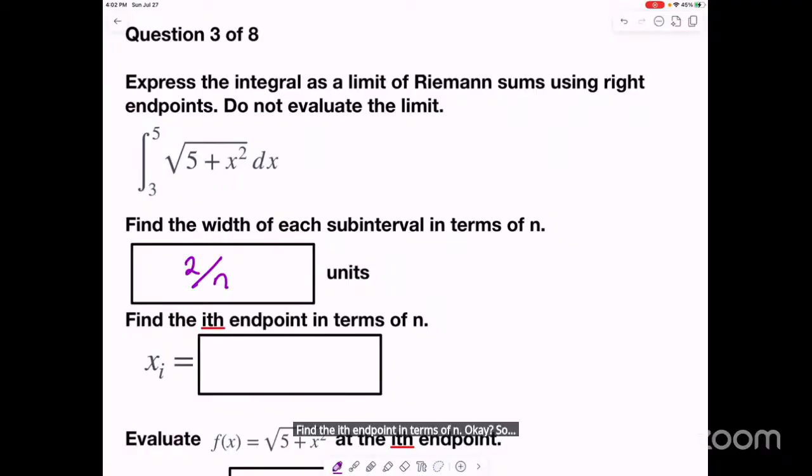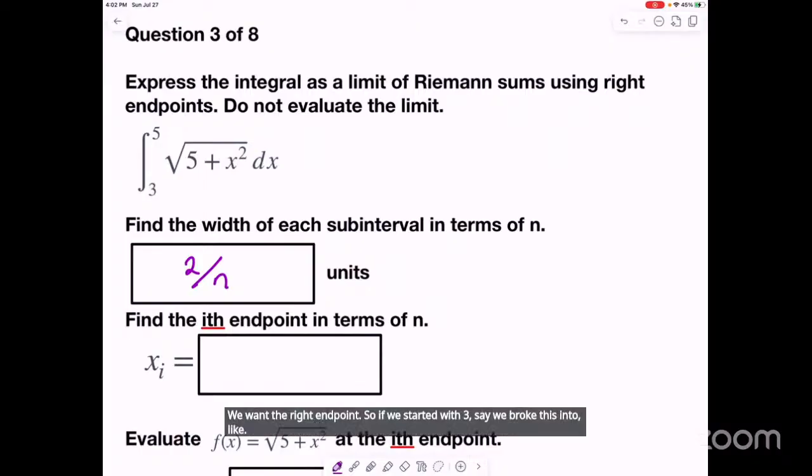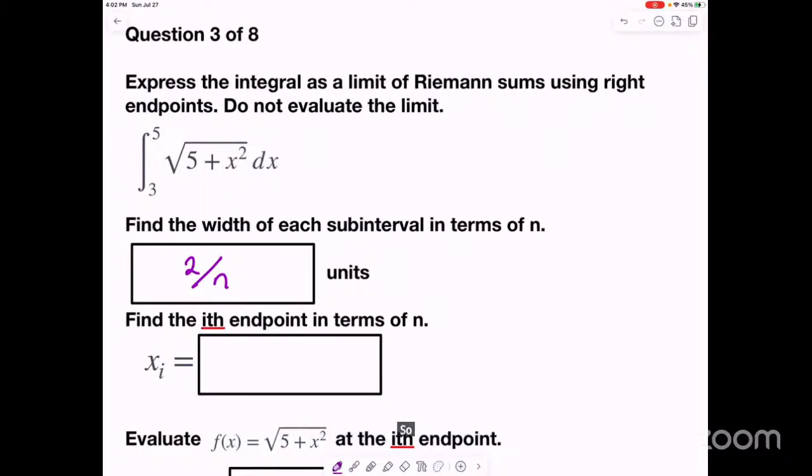So using the right endpoint, right? We want the right endpoint. So if we started with 3, say we broke this into like 5 subintervals, then the first subinterval, x sub 1, would be 3 plus 2 over n times 1.